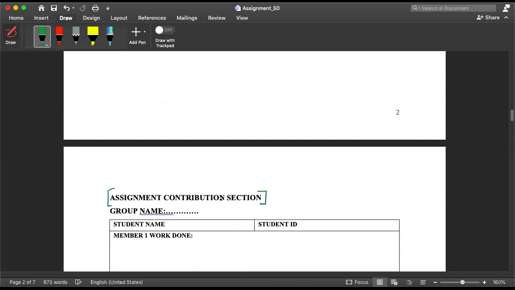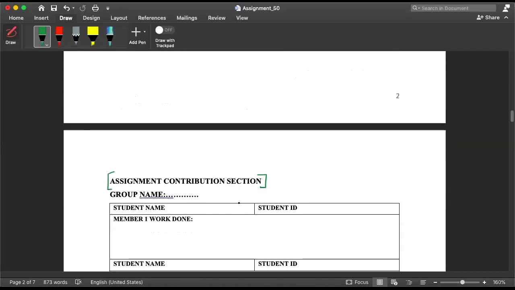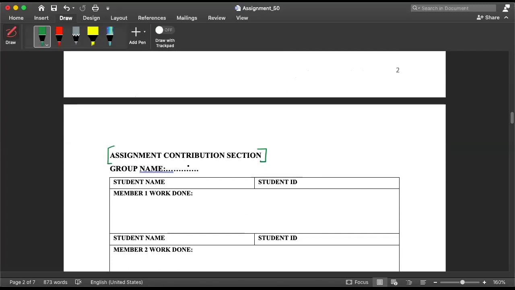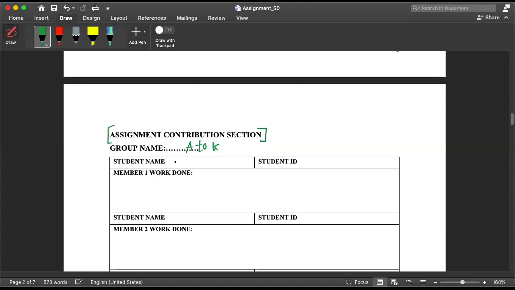You have to fill it. Every group member needs to fill it. So you have to write your group name, whatever letter A to Z, I guess A to K. So make sure you write your group name here, A, B, C, whatever, right? Now, student name, student ID, and member 1 work done.